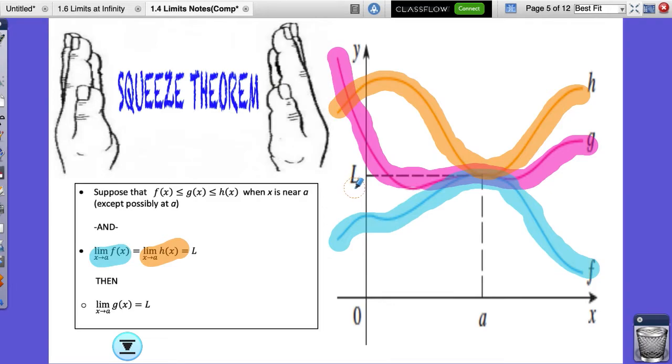Historically, there's also, I think in Italy, I don't know the Italian for it, but it's basically translated to English as the two policemen and a drunk theorem.